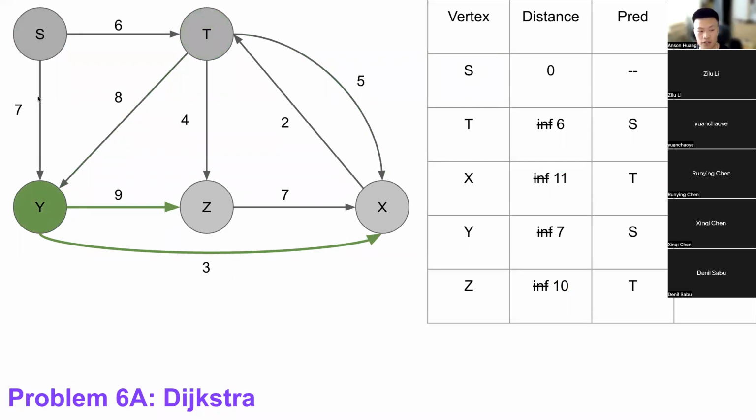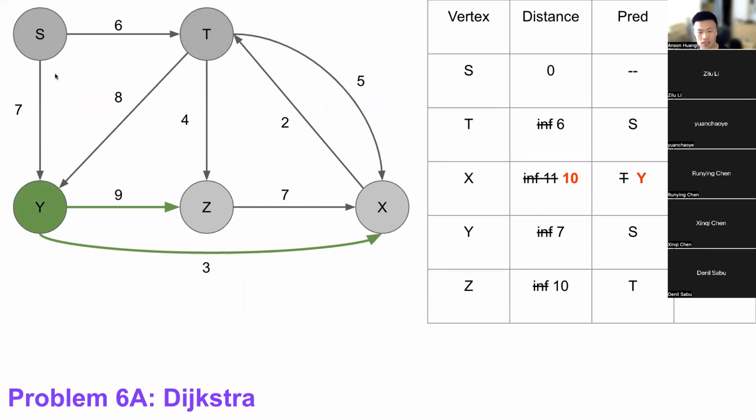So if it costs 7 units to go to Y, then it must cost 7 plus 9 units to go from S through Y to Z. So that's 16. Let's check if that's lower than 10. It's not lower than 10. So we're not going to update the value for vertex Z. However, we will update the value for vertex X. Why is that?